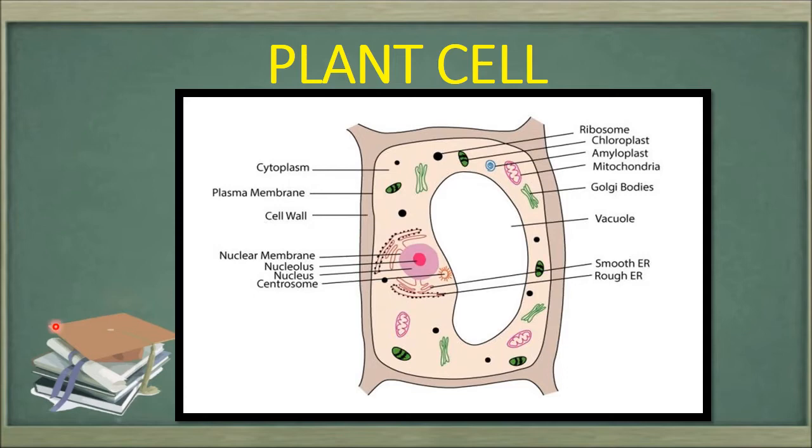In this diagram you need to see what the various parts of a plant cell are. The parts are cytoplasm, plasma membrane, cell wall, nuclear membrane, nucleolus, nucleus, centrosome, ribosome, chloroplast, amyloplast, mitochondria, Golgi bodies, vacuoles, smooth endoplasmic reticulum and rough endoplasmic reticulum. We will be studying about all these parts of the plant cell.